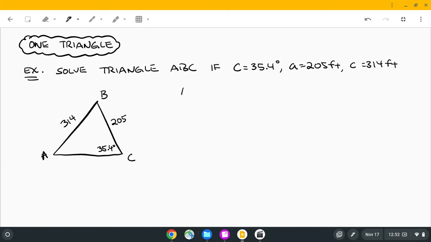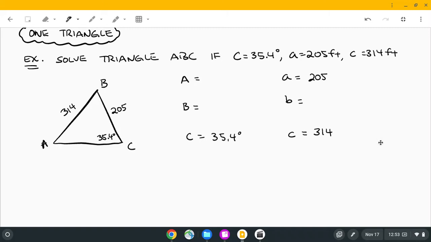All right, so we need to solve the triangle. So we need to find all of these things here. So A is unknown, C is 35.4, a is 205, B is unknown, c is 314. Okay, so here I can use law of sines to solve for angle A.